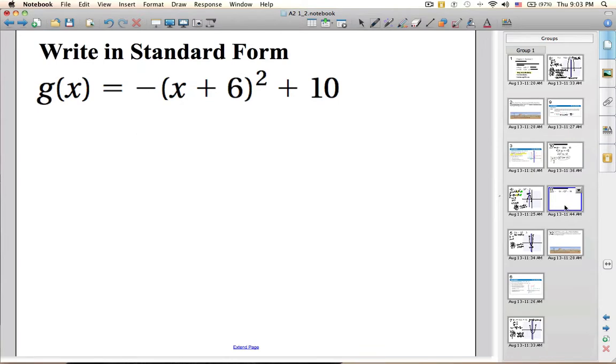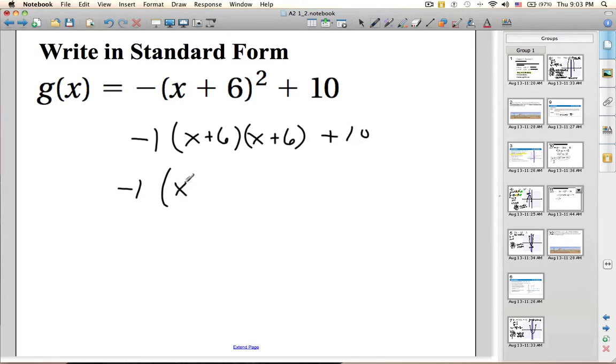If I want to do the same thing in vertex form, remember this is going to be negative 1 times the binomial squared. If I'm squaring the binomial, it's just the binomial times itself, and then I can use FOIL. So this would be negative 1 times x squared, x times x is x squared, x times 6 is 6x, 6 times x is also 6x, and 6 times 6 is 36.